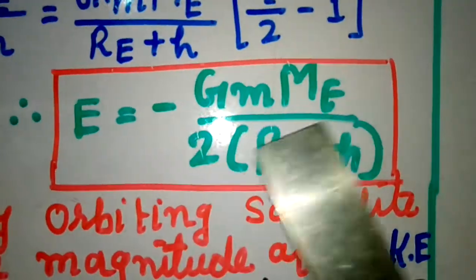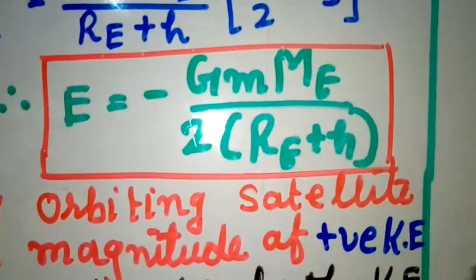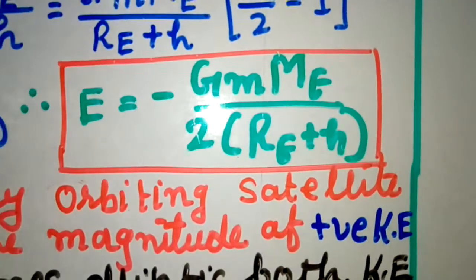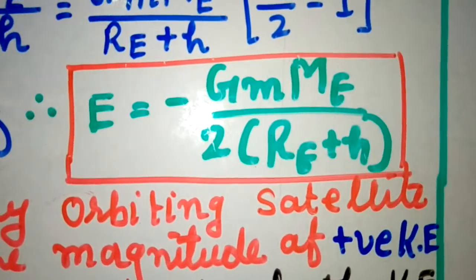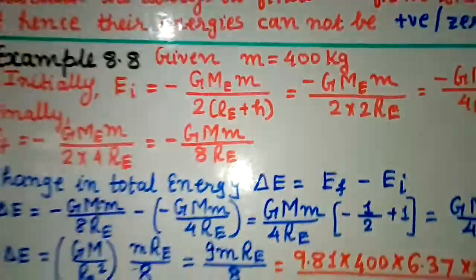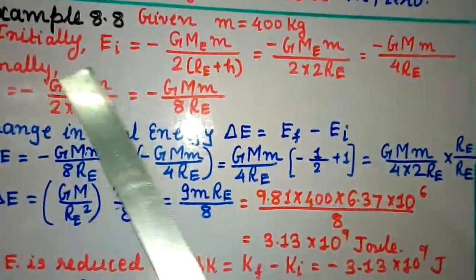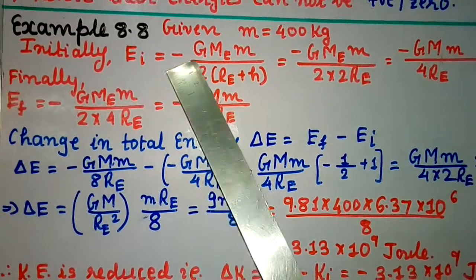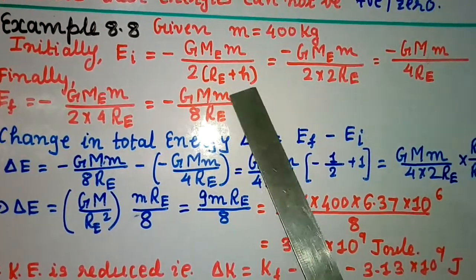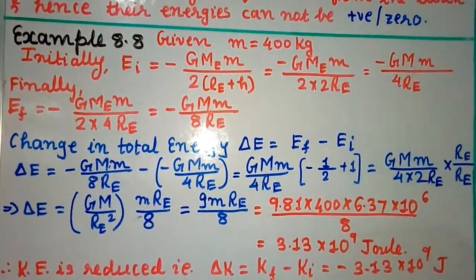Now we have to use the total energy, right? So I will first use this formula, E is equal to minus GMe m by 2(Re plus h), and this Re plus h, first I will replace by 2 Re, and secondly I will replace by 4 Re. So let us write first the initial total energy Ei is equal to minus GMm by 2(Re plus h), just using the formula which we just derived.